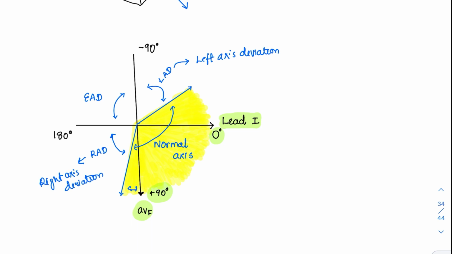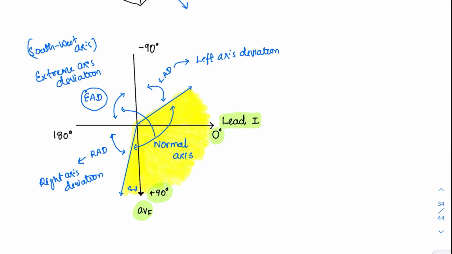Then whenever the axis is shifted extremely towards the opposite direction, it is called extreme axis deviation. This extreme axis deviation has also one more beautiful name. It is called southwest axis. So this is the axis of all the normal and abnormal axes.